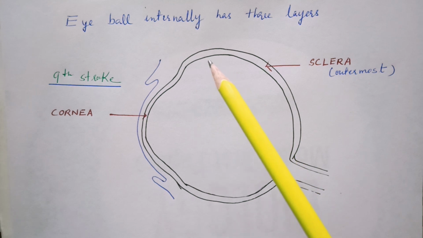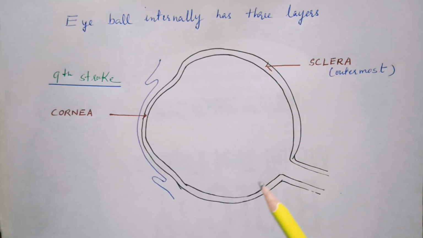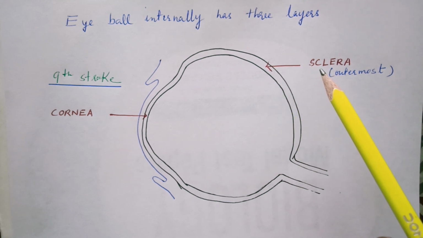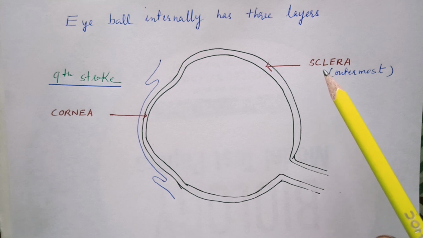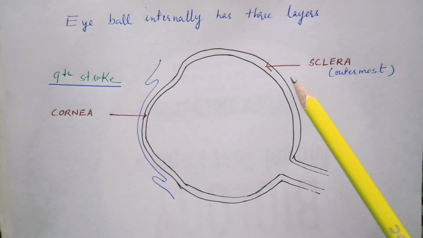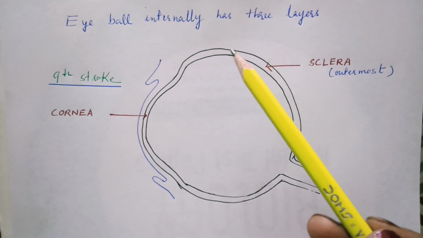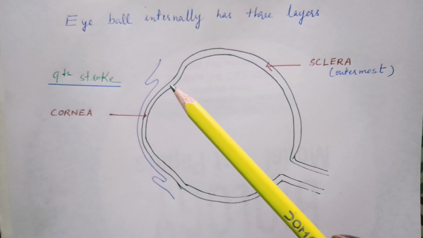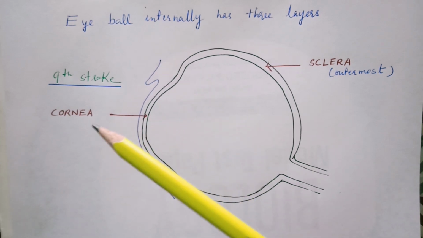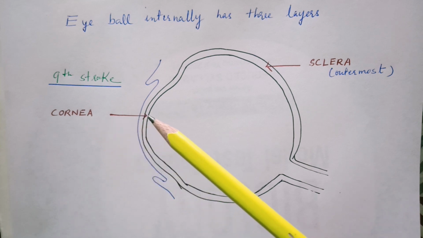The outermost layer of the eyeball is completely drawn now. As you can see here, the outermost layer is known as the sclera or the sclerotic layer, the white part of the eyeball which is visible externally. As this sclera moves in the forward direction in the bulge part, you can see here that I have labeled this as the cornea.